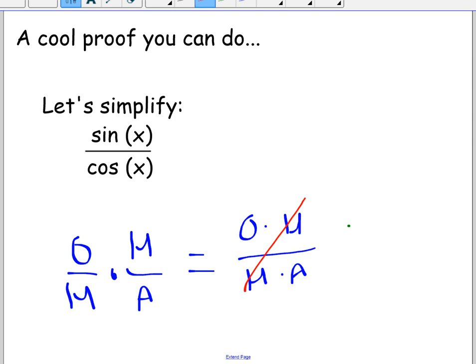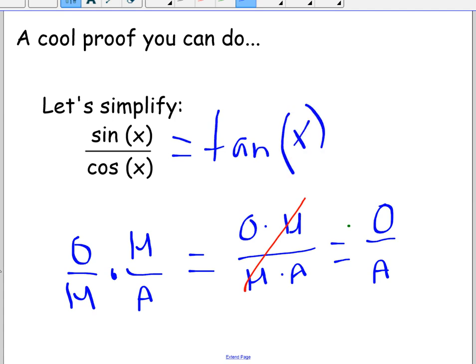And so we're left with just opposite over adjacent side. Hey, what trig ratio is opposite over adjacent? Sine x divided by cosine of x equals tangent of x. So that is another thing that you can use to find trig ratios.